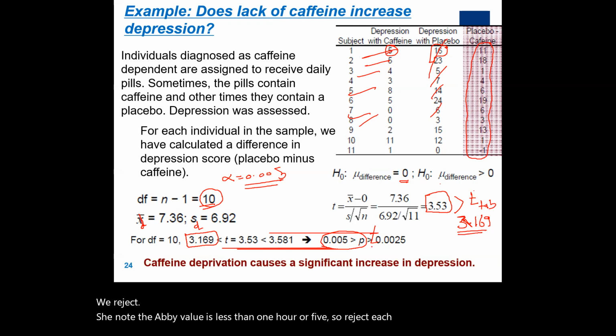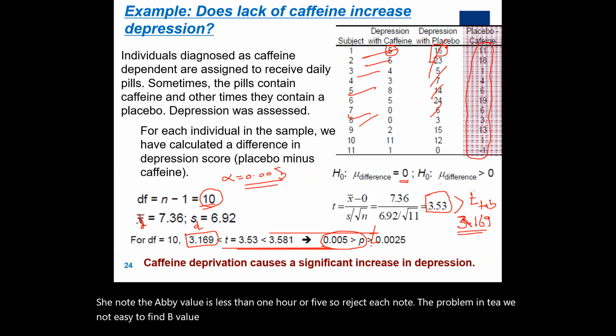The problem with T is that it's not easy to find the P value exactly unless we use an online calculator.